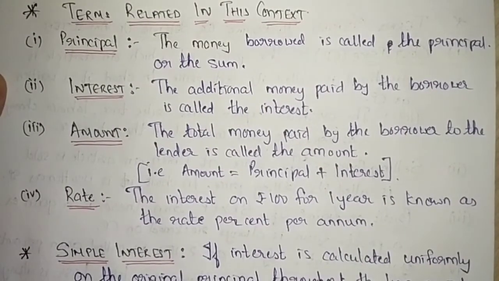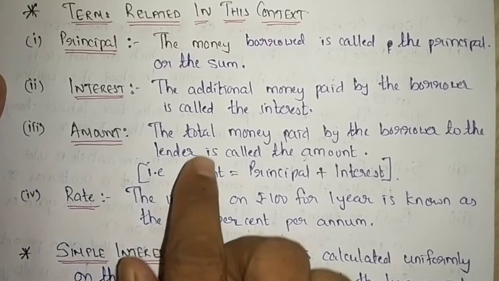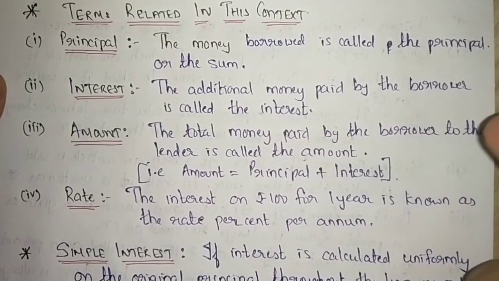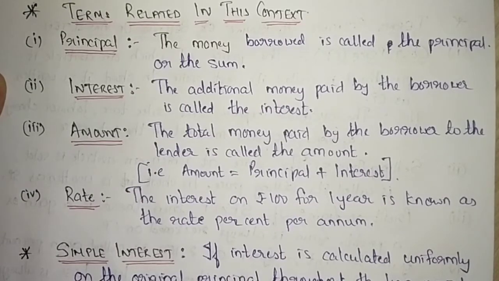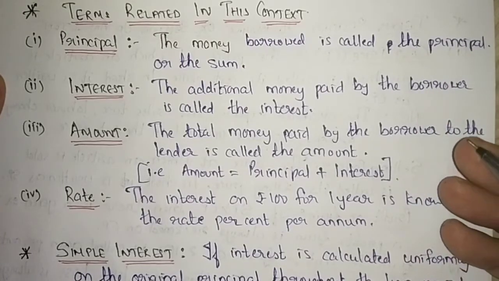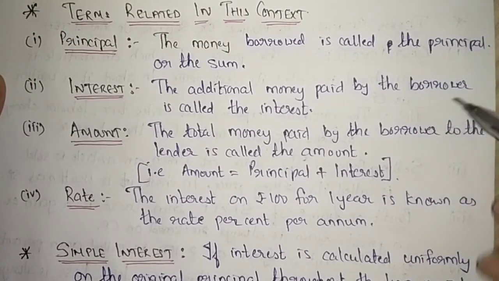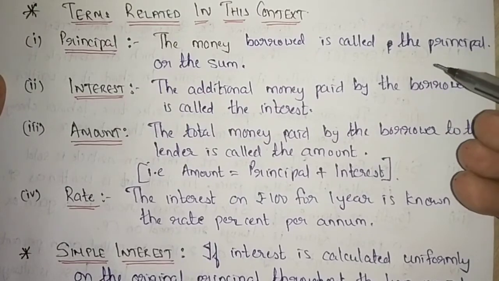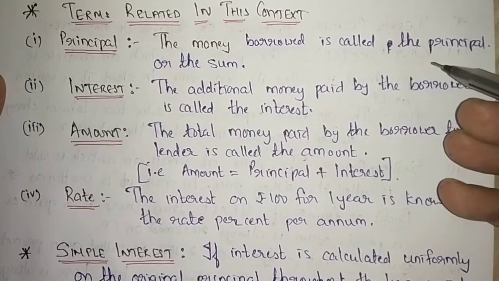Now moving to the next term, that is amount. The total money paid by the borrower to the lender is called the amount. For example, I have taken 10 lakhs from the bank, and after 5 years I am paying them 2 lakhs more, that is 12 lakhs I am paying back.